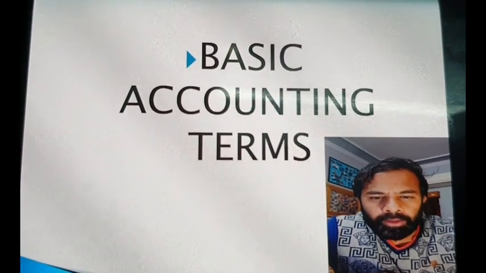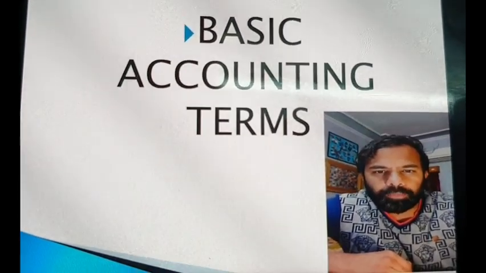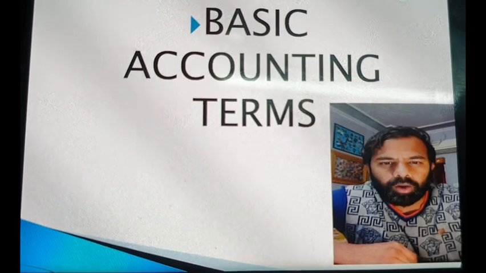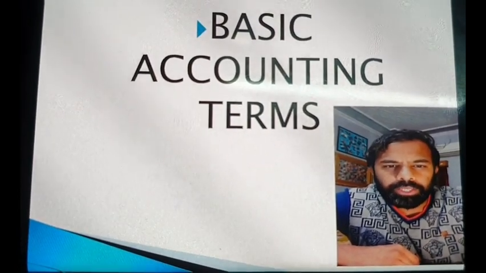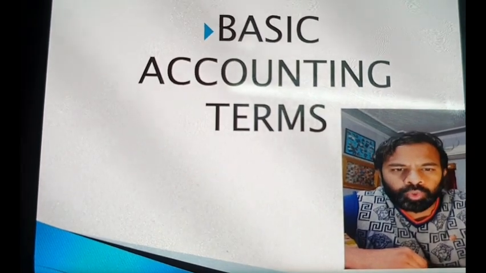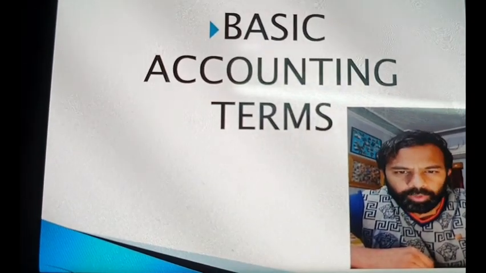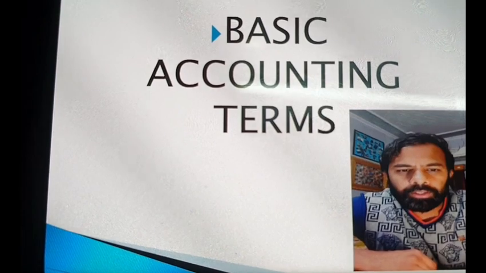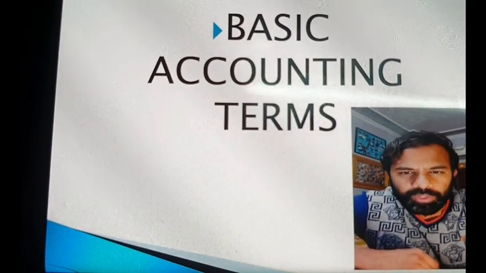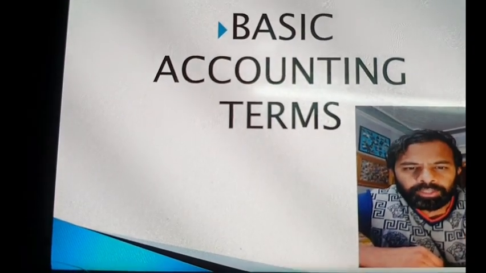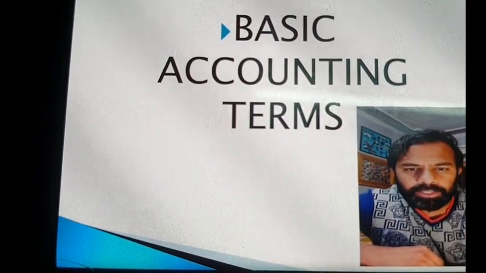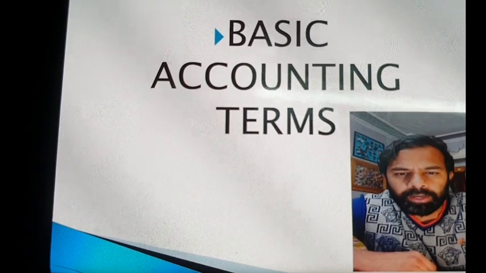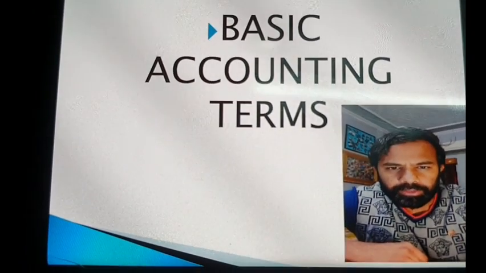Everyone. Now today we'll continue with chapter number 2, that is basic accounting terms. In basic accounting terms, we are already done with most of the accounting terminology like assets, types of assets, liabilities. Then in the last lecture we discussed receipt and expenditure, that is capital, revenue and deferred revenue expenditure.